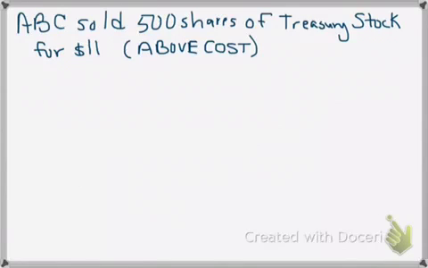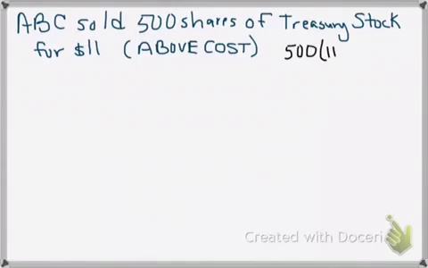When we get to the next entry, we are going to be looking at selling these treasury shares back, and they're going to be sold above the cost. So just like when we did issuing shares in the last video and we had an excess over the par value, we're going to have an excess over the cost value here. Just like we did for issuing, we would take those 500 shares.